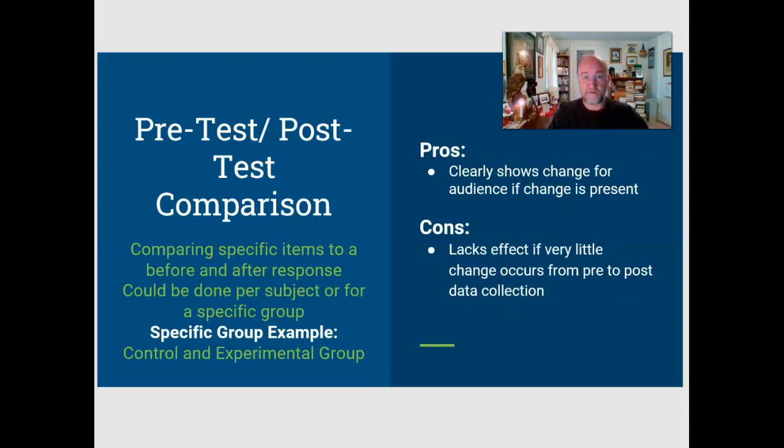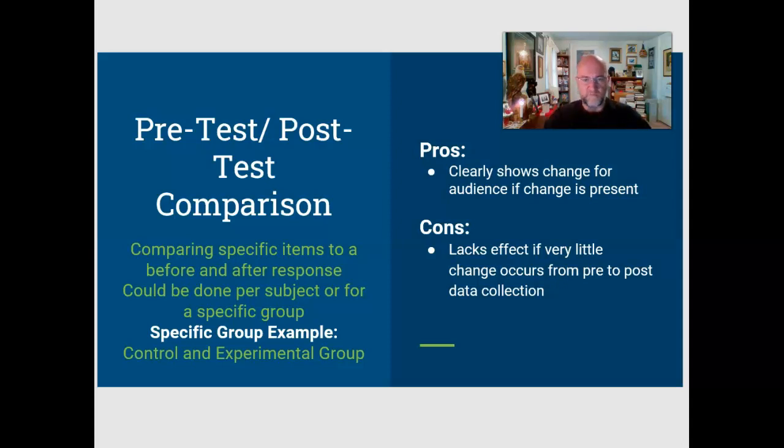Then, if some of you are doing a pre-test, post-test, I know there's at least one of you doing this comparison. You're comparing specific items: this is what they knew before, and here's what they now know afterwards. A lot of times if you have a control or experimental group, you're going to use this. But if you're doing pre and post tests to compare and contrast, you might want to look at this.